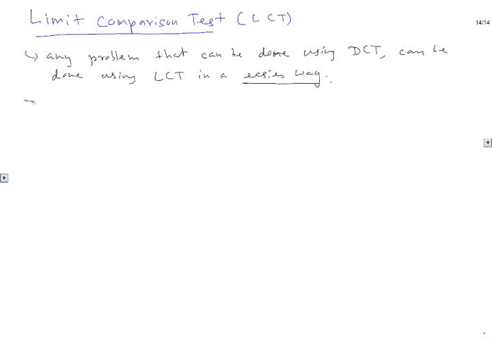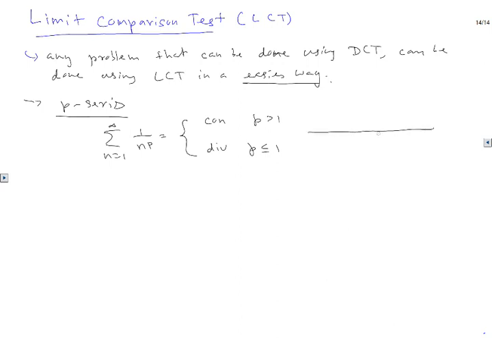Again, we also need the P series. The P series test is: the sum from n going from 1 to infinity of 1 over n to the P converges if P is greater than 1, and diverges if P is less than or equal to 1.